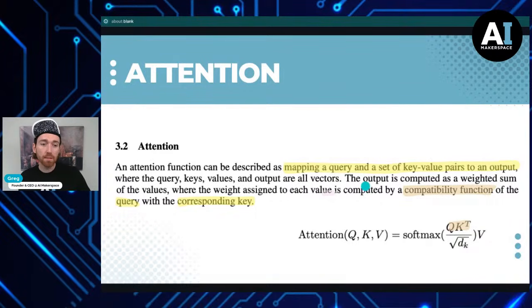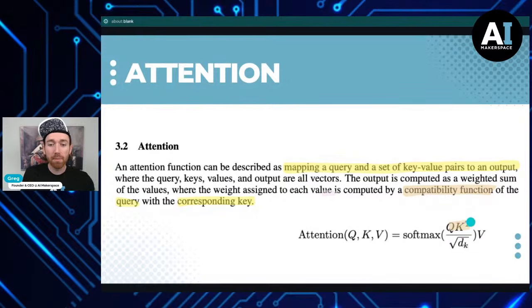The output is computed as a weighted sum of the values. Okay, starting to get a little gray here, where the weight assigned to each value is computed by a compatibility function of the query with the corresponding key. This compatibility function, QK transpose, in this equation from the paper. Okay.